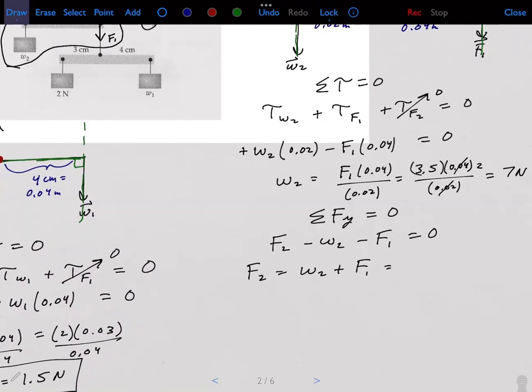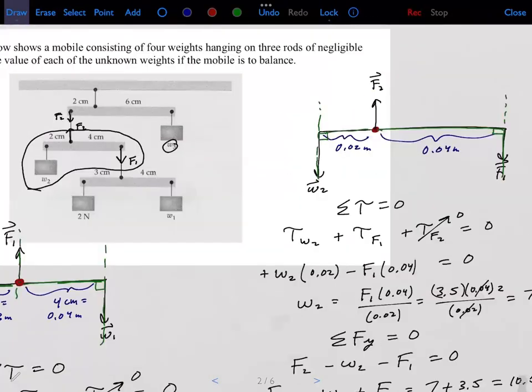So the weight 2 is 7, and F1 is 3.5, so 7 plus 3.5, which is 10.5 newtons. Okay, so now I have F2, right? I know this force pulling down is 10.5. So now I can find F3 by looking at this as my system.